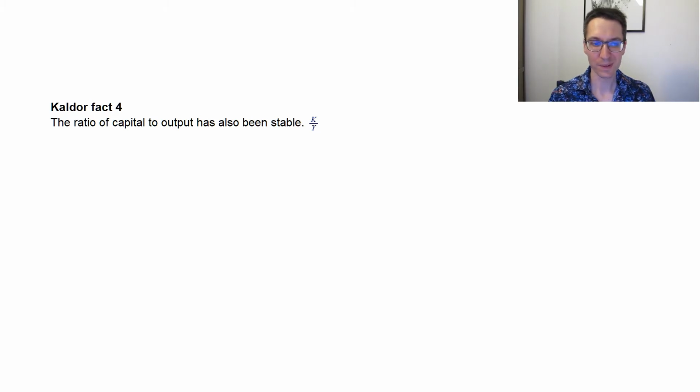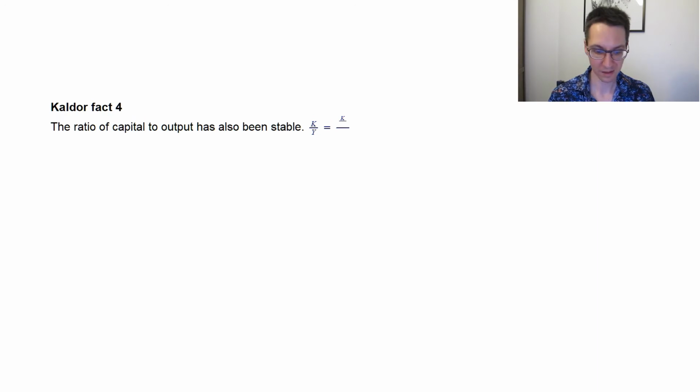Okay, time's up. So here's a very simple way to do it. Capital divided by output is also equal to capital per worker divided by output per worker. So it's equal to small k divided by small y.